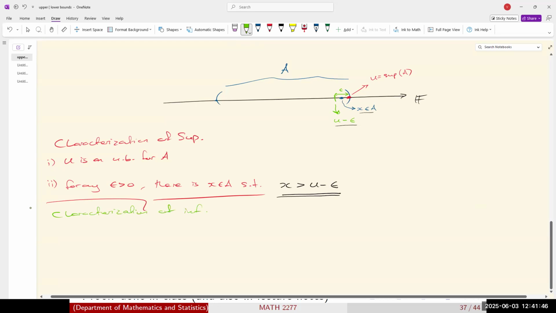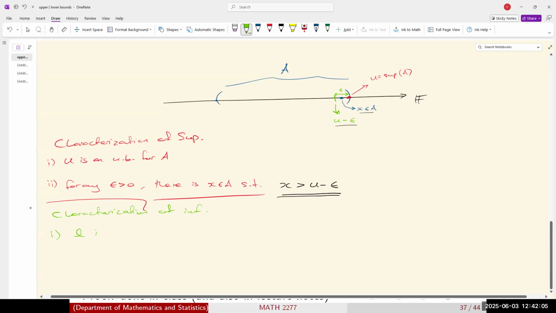So it's the same logic we're going to apply. The characterization of infimum says that L is the infimum of a set if, first condition, L, so look at the characterization of supremum condition, and we are just going to adjust it for the characterization of infimum.